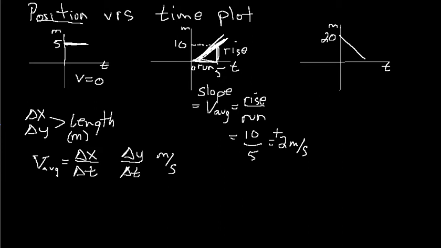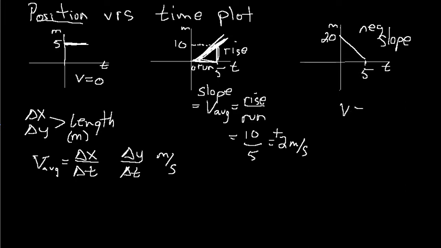Let's say, for example, this is at position 20, and the time is, let's say, 5 seconds. In this case, we have a straight line. Again, it's position versus time, and this straight line is going to be negative, so this is a negative slope. Therefore, I know the velocity is negative, because the velocity is going to be the slope of the straight line. Anytime you have a straight line on a position versus time graph, the slope of that line is going to give you your velocity.